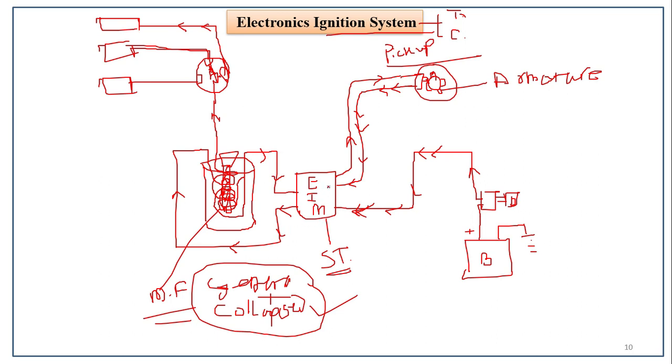So this is the main function of the electronic ignition module. It monitors the flow or percentage of flow of voltage and current, and it also monitors the position.